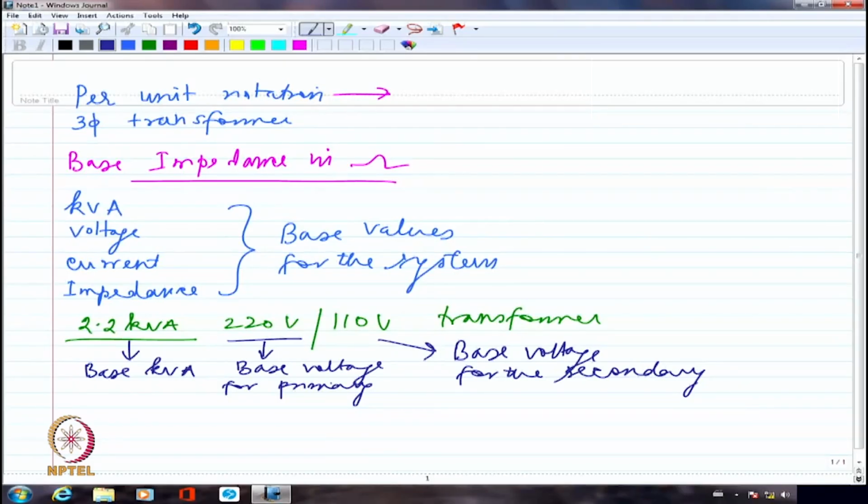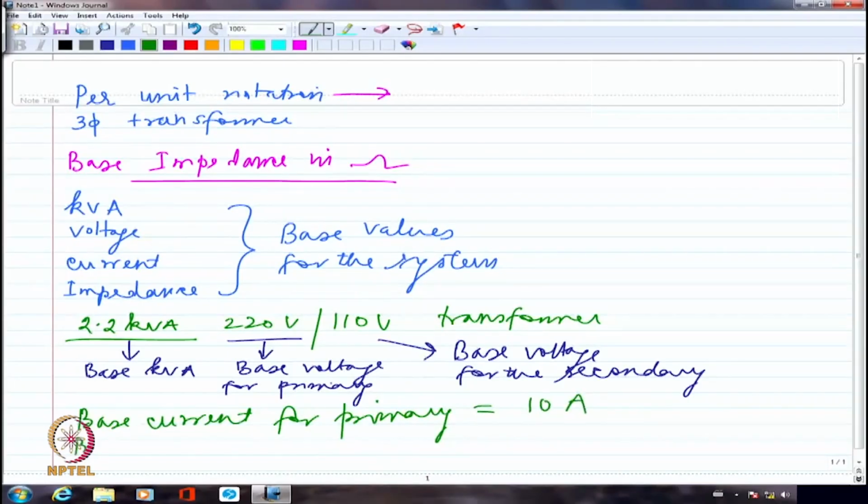So, if I look at the current, the base current for the primary will be 2200 divided by 220, that is 10 ampere. Whereas the base current for the secondary is going to be 20 amperes.